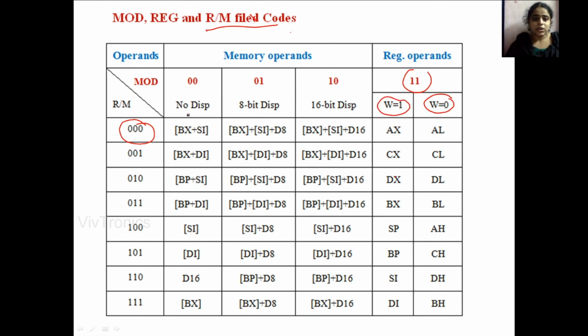Without displacement, the addressing mode MOD is 0 0. With 8-bit displacement, MOD is 0 1, and if it is 16-bit displacement, the MOD field will be 1 0. For register operands the MOD field will be 1 1, as we have seen earlier, and if R/M is 0 0 0, then it happens.